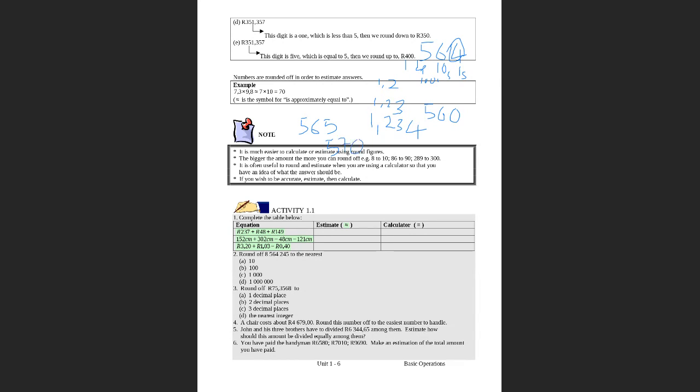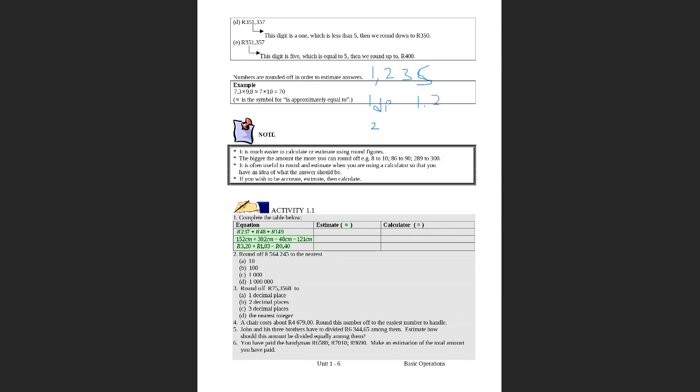In the same way, if I have a number like 1.235 and I say write this number in one decimal place, it's going to be 1.2.